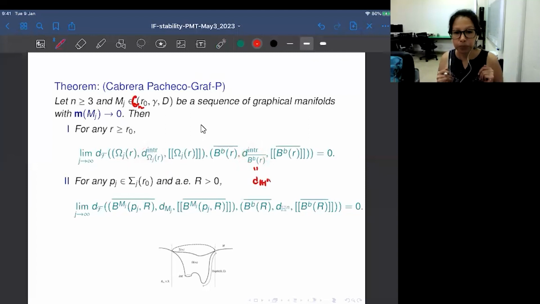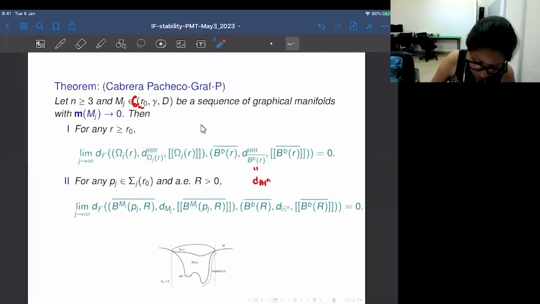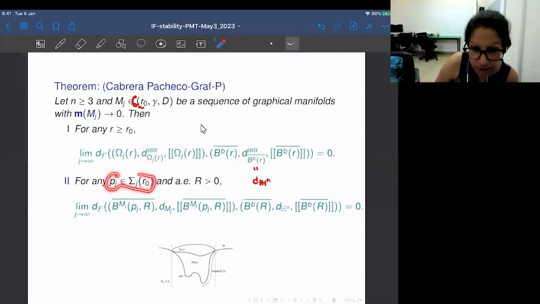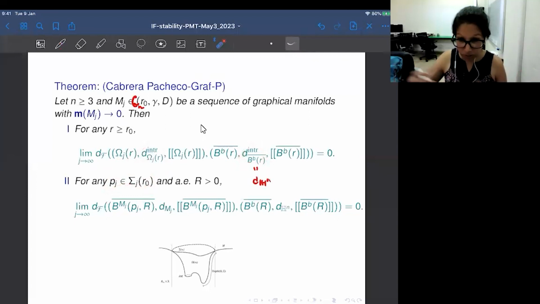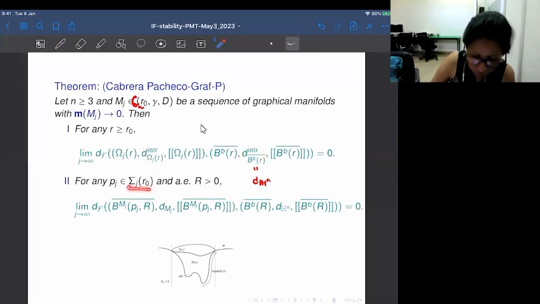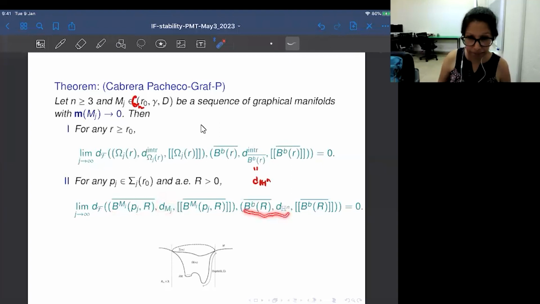The second thing that we want to prove is that once these points are chosen outside of this region, one can ensure that the balls of our manifolds, with the distance of my manifold, are converging to a ball in the hyperbolic space.